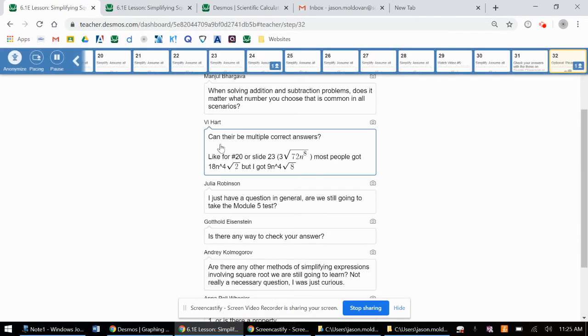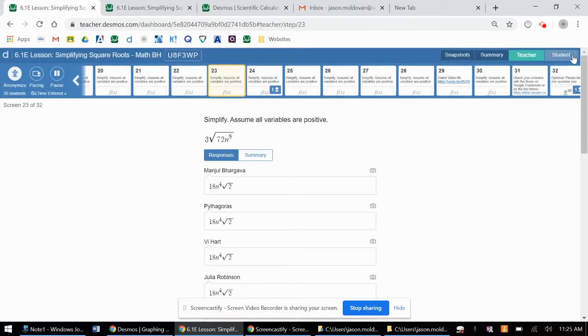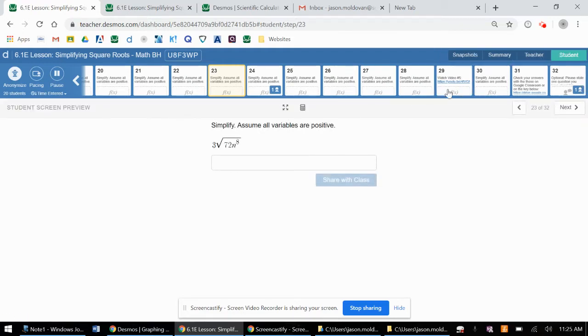Another question that came in is, can you have multiple correct answers? So for example, on slide 23, most people got 18, like for number 20 or slide 23. Let's take a look at slide 23.